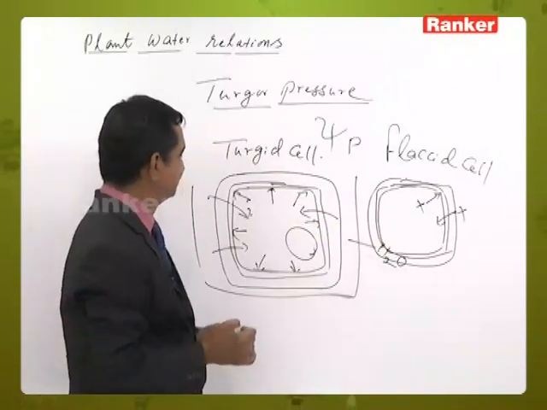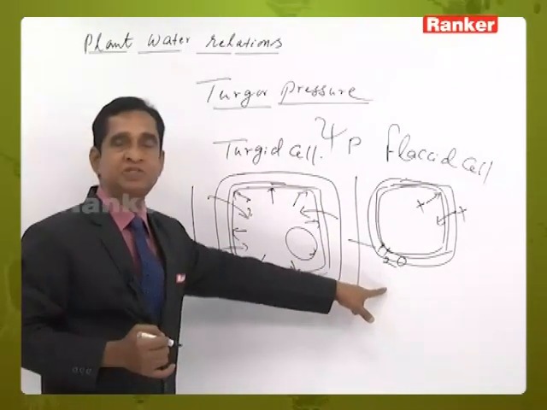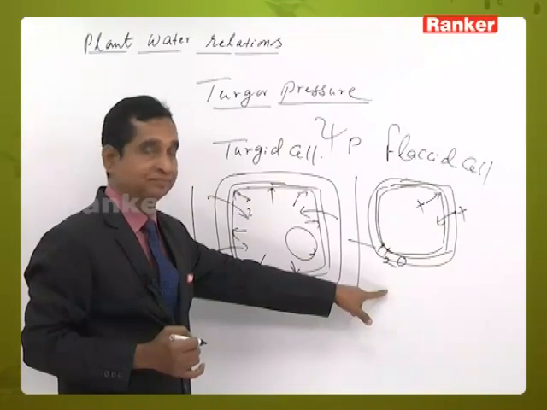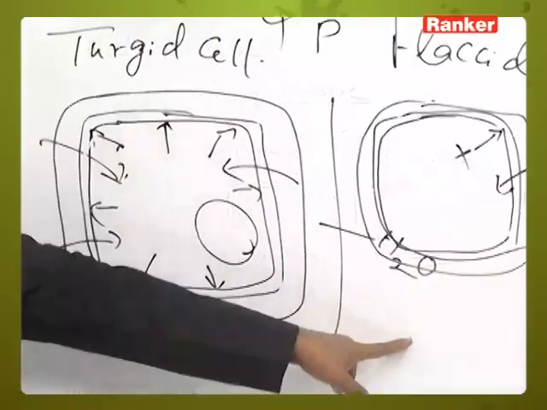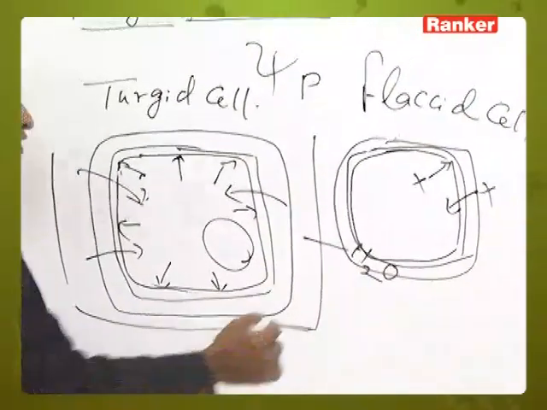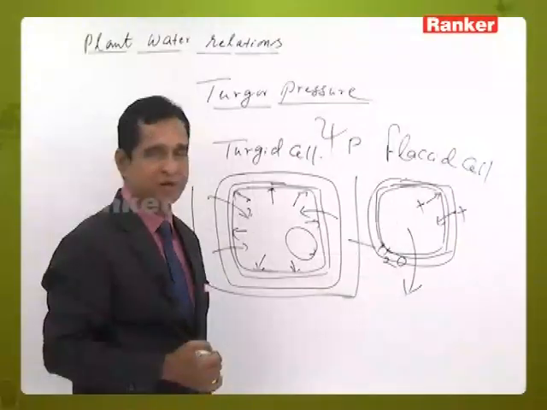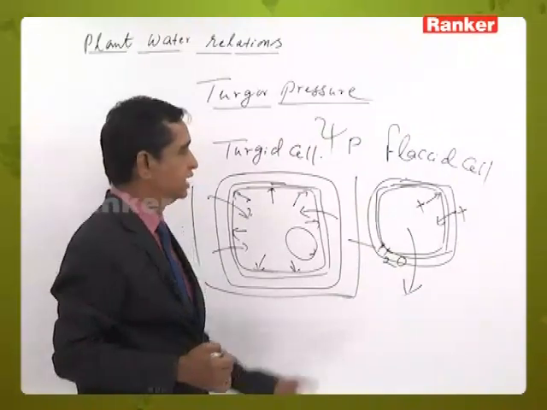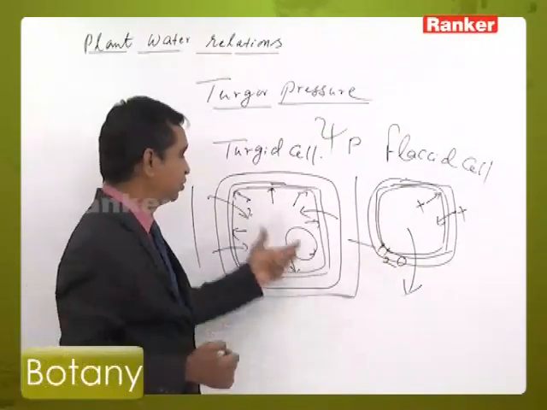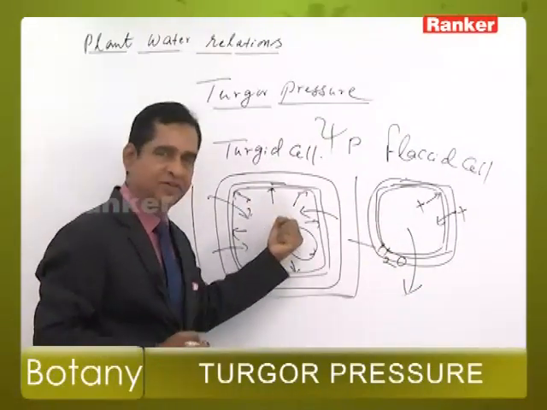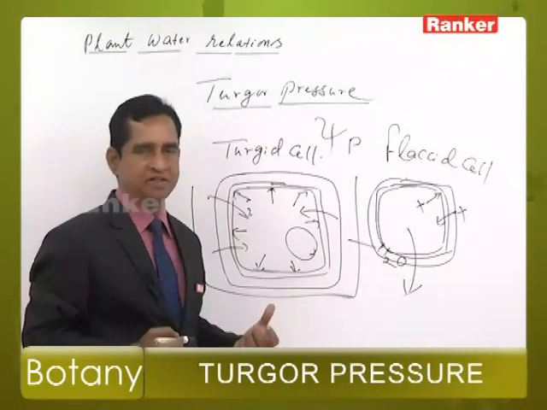If the concentration outside is more, hypertonic, then the water from the cell comes out, plasmolysis, and that cell where the protoplasm has shrunk, we call it a plasmolysed cell.